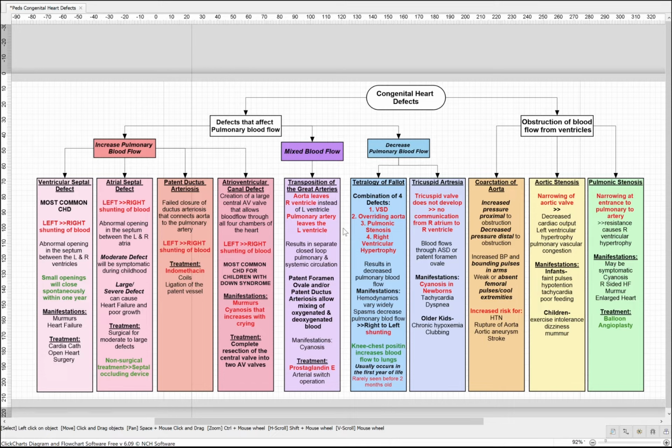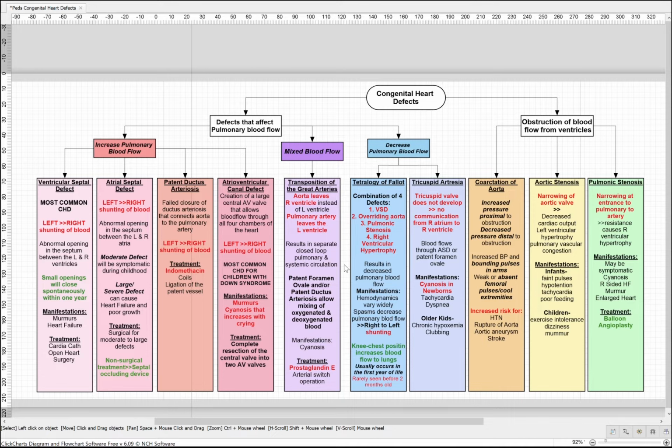And then we have our closed loop systemic circulation, which is blood being delivered to the right atrium, getting to the right ventricle, but then going through the aorta for systemic circulation without ever having gotten to the lungs, without ever having a chance for that blood to get oxygenated. And it's going through the systemic circulation and then once again being delivered to the right side of the heart, where there's never any oxygenation happening.